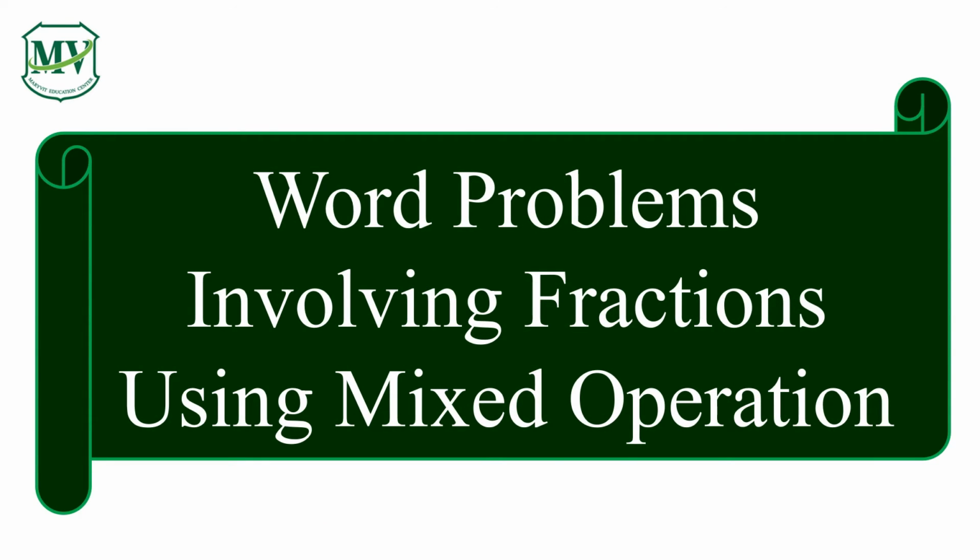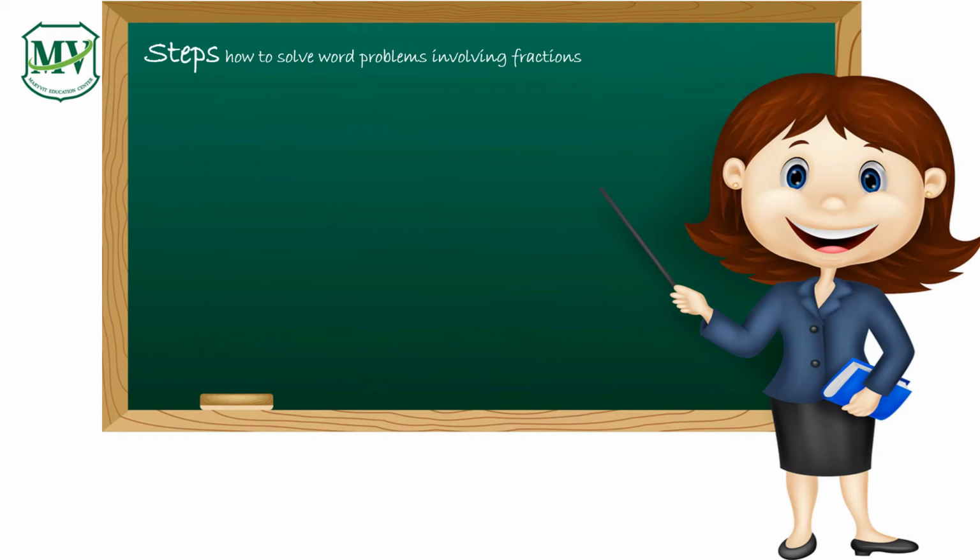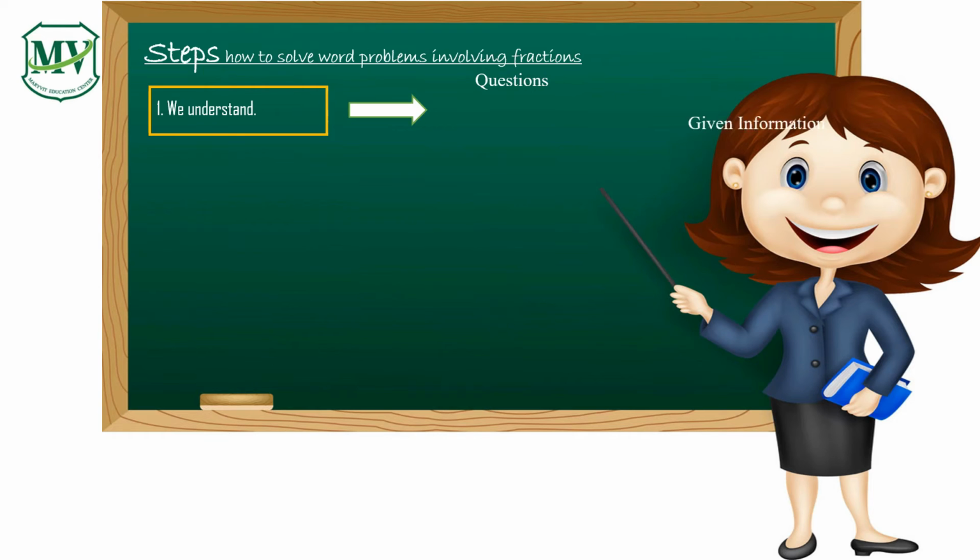Now, in this part of our lesson, we will learn how to solve word problems involving fractions using mixed operations. Are you ready? Here we go. There are steps that we need to follow to solve word problems involving fractions. First, we understand. In this part, we're going to understand the questions and given information.